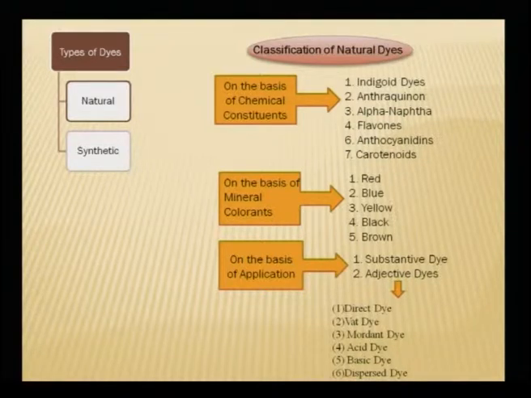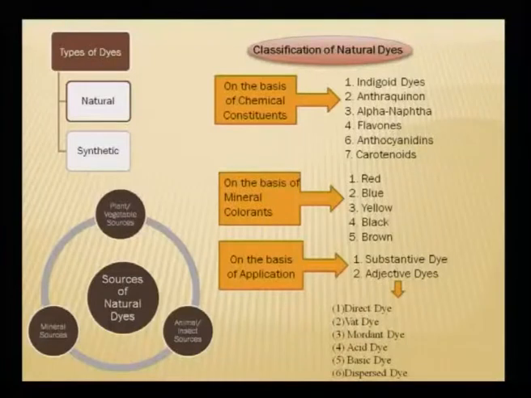However, on the basis of how they adhere to the fabric, another definition can come: substantive dye or adjective dye. And among the adjective dyes, it could be direct dye, vat dye, mordant dye, acid dye, basic dye and disperse dye. These are the various nomenclatures, but when we are talking about natural dyes, they were mostly mordant dyes, and therefore, we have to concentrate only on the mordant dyes.